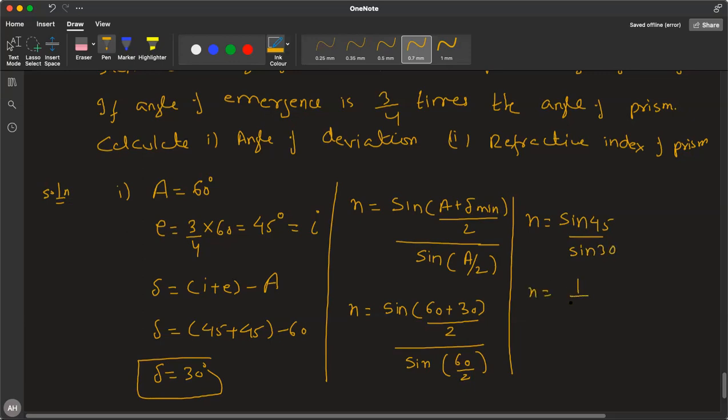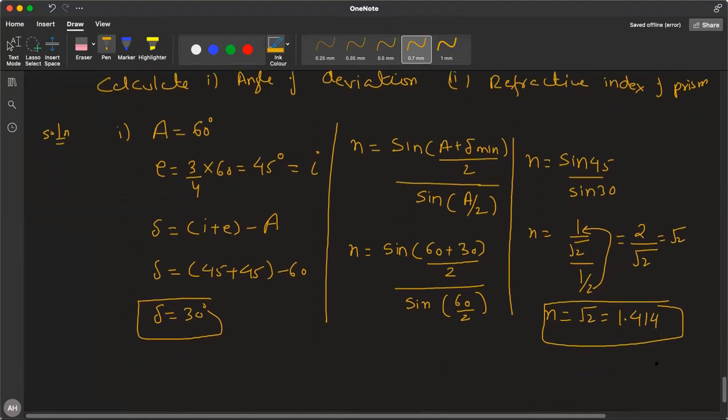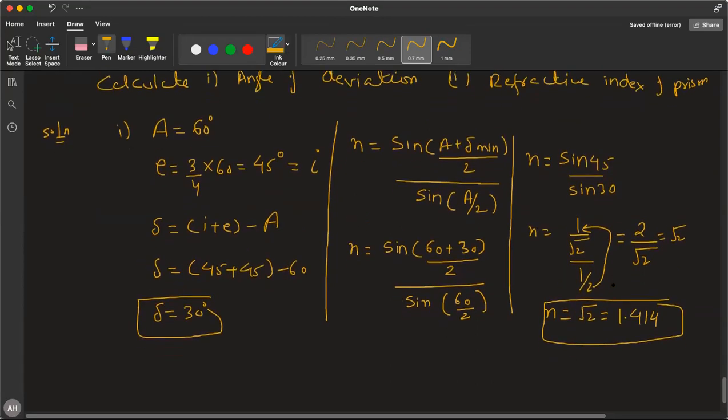Sine 45 is 1 by root 2. Sine 30 is 1 by 2. You can take this 2 in the numerator. It's 2 by root 2, it's root 2. So the refractive index is root 2, which is 1.4. That's the refractive index of the medium of the prism, 1.4 or root 2. Do it.